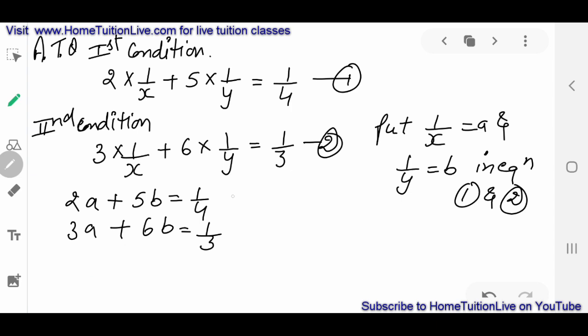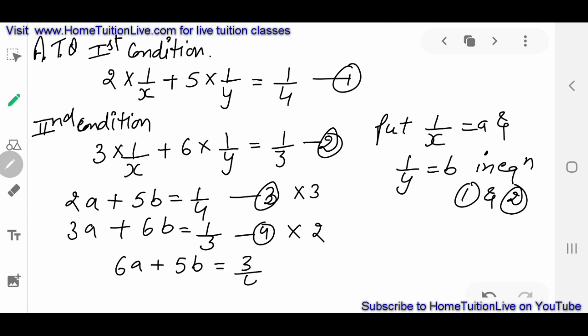Now we will multiply the first equation by 3 for finding the values of A and B, and we will multiply the second equation by 2. Now this is 6A plus 15B equals 3 by 4.